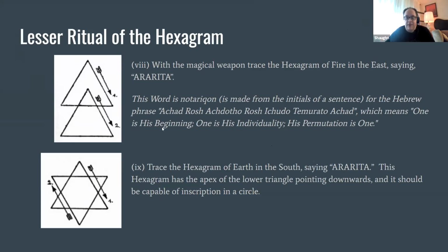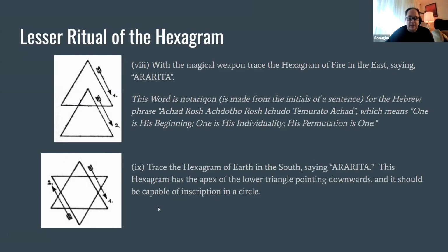And so the Hebrew phrase is Echad Rosh Ado Echad Tho Rosh Ikudo Rosh Temurato Echad. And my Hebrew is horrible, but essentially that means one is his beginning, one is his individuality, his permutation is one.